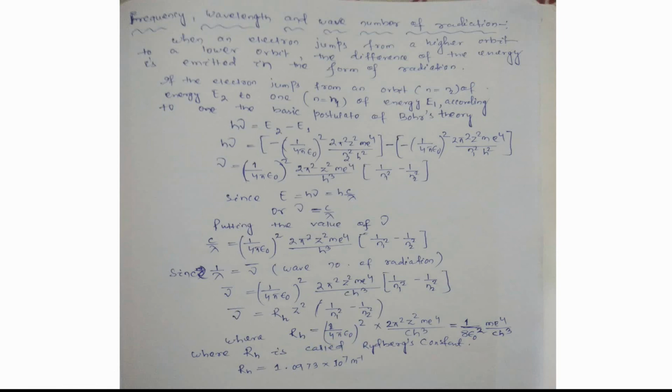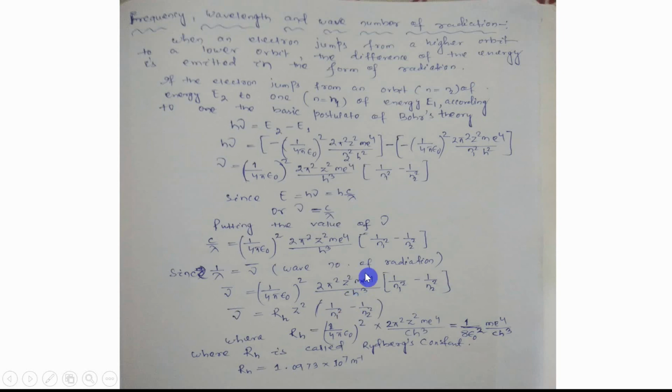You have to just notice one thing here: except that Z, everything is constant. Epsilon naught, the permittivity, is constant, the mass of the electron is constant, the charge of the electron is constant, c is the velocity of light, which is constant, and h is the Planck's constant.